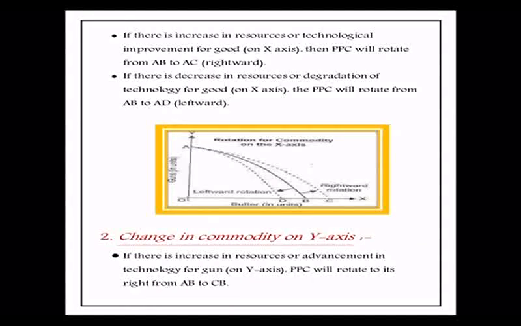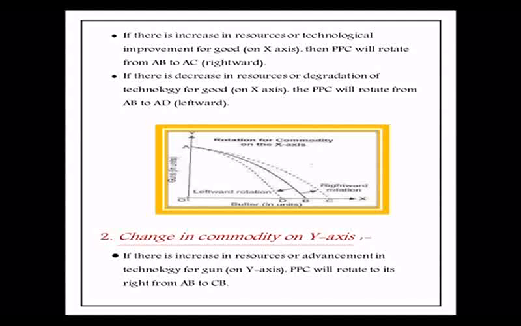If there is increase in resources or technological improvement is there for good x, then PPC will rotate from AB to AC. And if there is degradation of technology or decrease in resources for the production of good x only, then PPC will rotate from AB to AD, leftward rotation. You can see in the diagram.